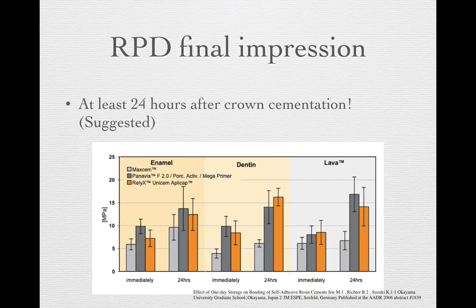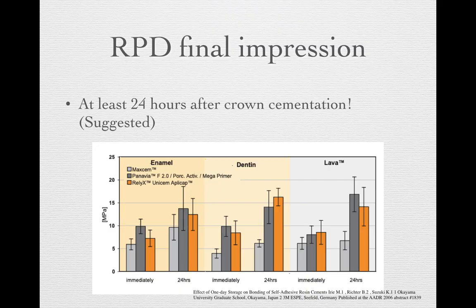So if you right away take impressions after you cement the crown, when you pull the impression out of the mouth, you might also give force to pull the crown out. So you might affect the seating of the margin of the crown.